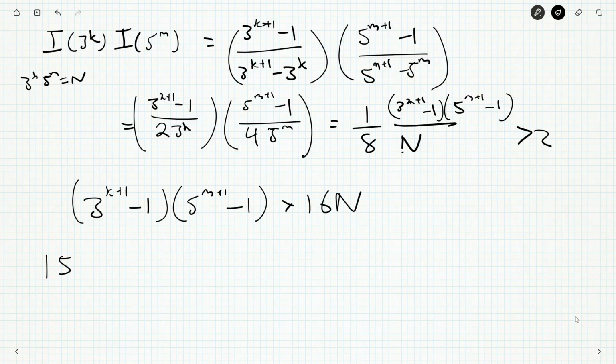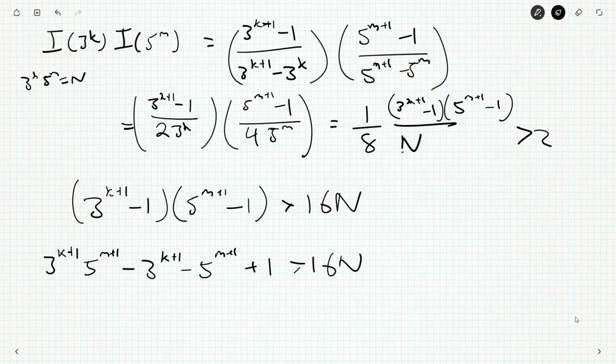Okay, well, nope, can't combine them that way. We're going to have 3^(k+1), 5^(m+1), minus 3^(k+1), minus 5^(m+1) has got to be greater than 16n. And again, I just can't quite make k and m work here.